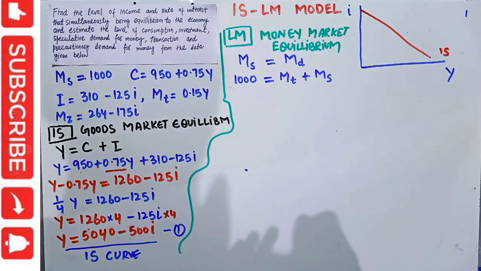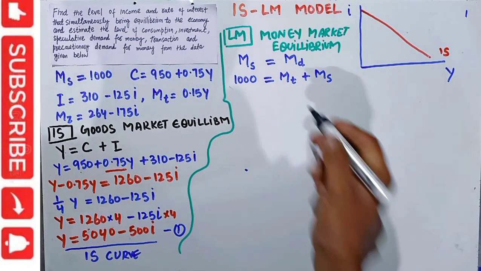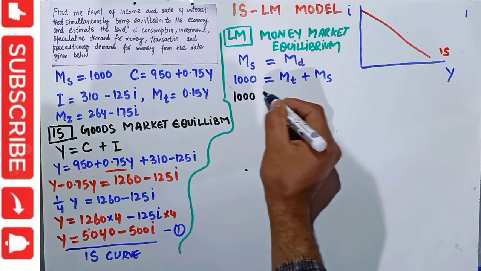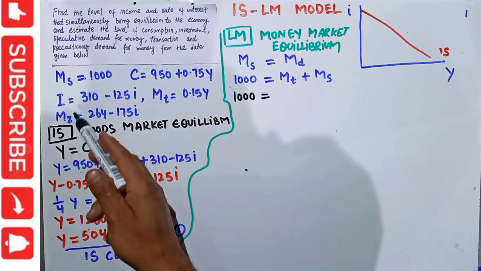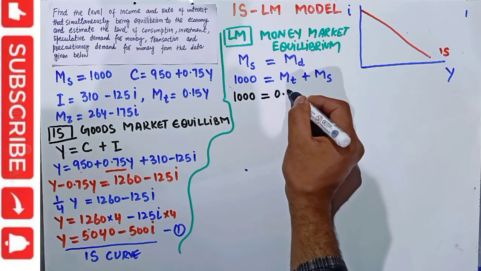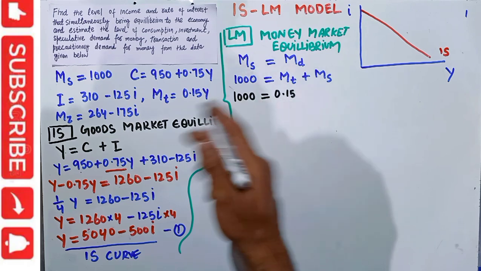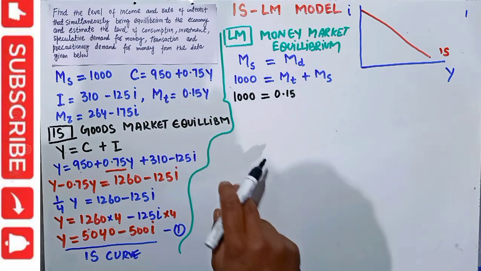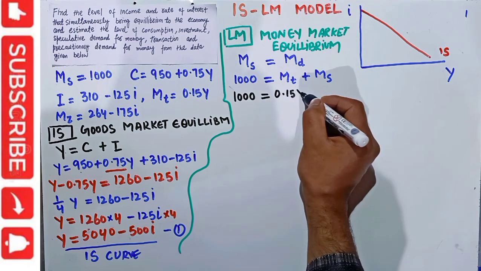Transactionary demand for money is given to us as a positive function of income, 0.15y. That means when income increases, transactionary demand for money will also increase.